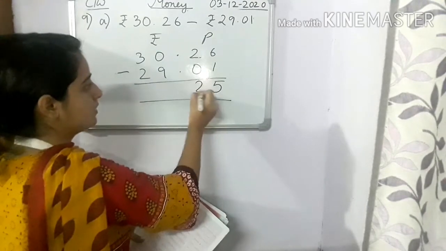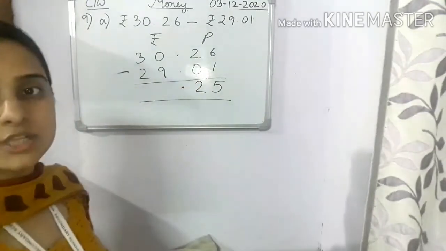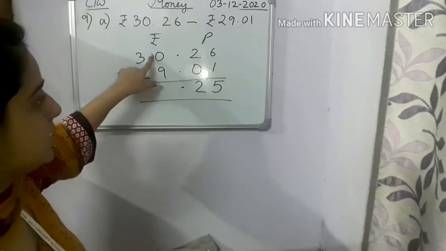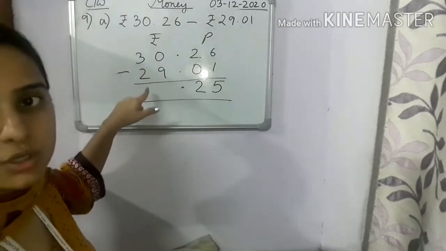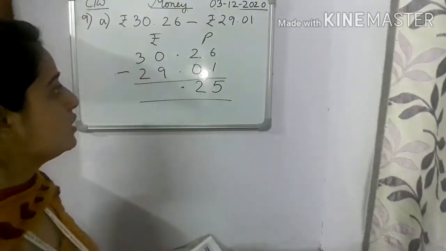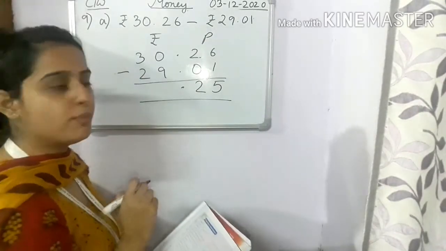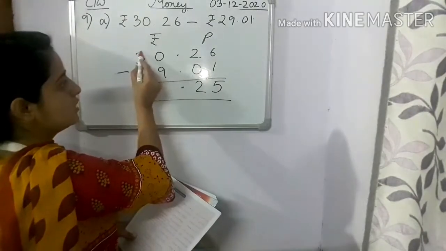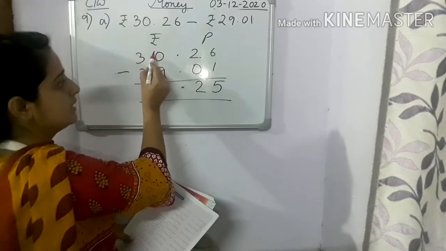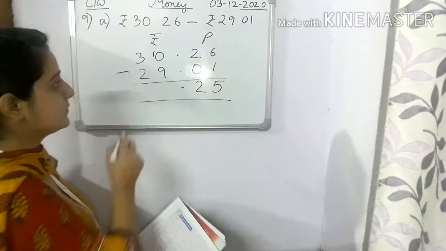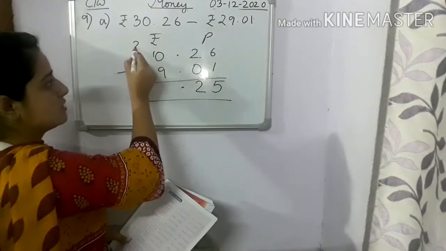Now children, here the twist is 0 minus 9. We cannot do that, right? This is a smaller number. So what are we going to do? We are going to borrow 1 from 3. When we borrow 1 from 3, 0 becomes 10 and 3 becomes 2.